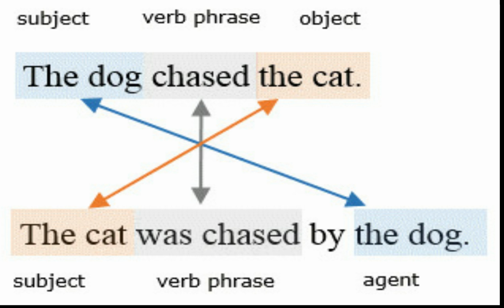Was for the singular and were for the plural form. And along with the verb to be, you find the past participle, which is the third form of the verb in English.